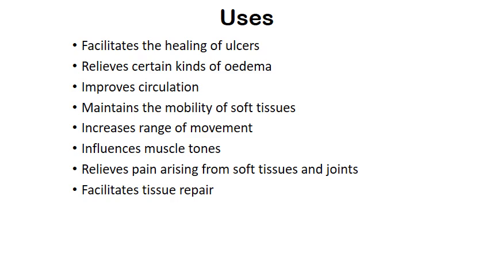It also influences muscle tone. So you can have a massage technique that facilitates muscle tone so that the muscle is ready to work harder, or relieving muscle tone where you remove stiffness and relax the muscle.